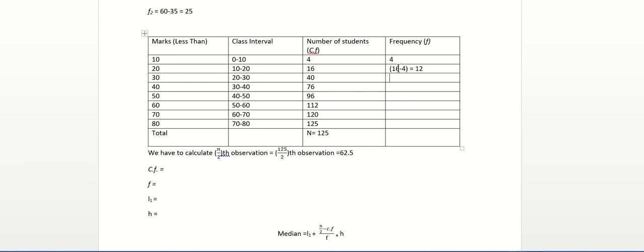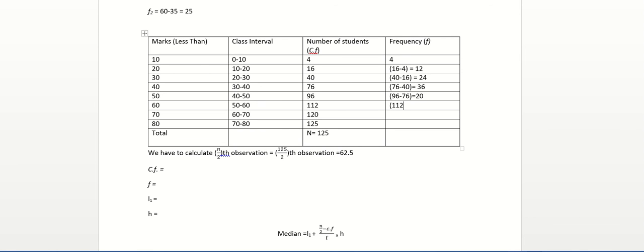Now similarly, I have to change less than 30 into 20 to 30. So what I will do, 40 minus 16. So this will become 24. Again 76 minus 40. So 76 minus 40 is 36. Then 96 minus 76, this is 20.